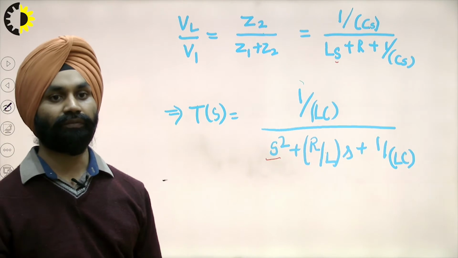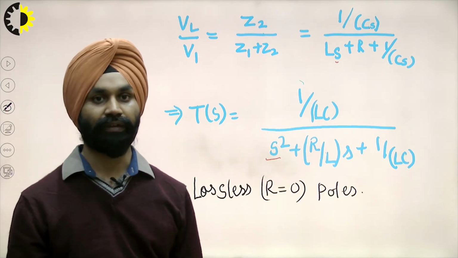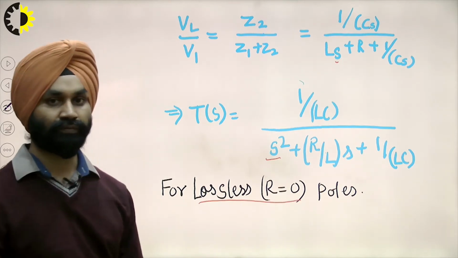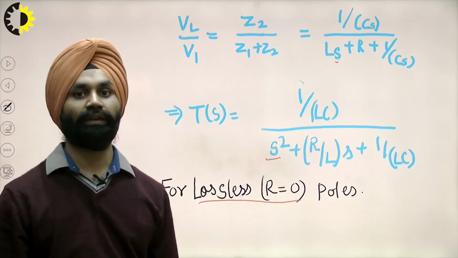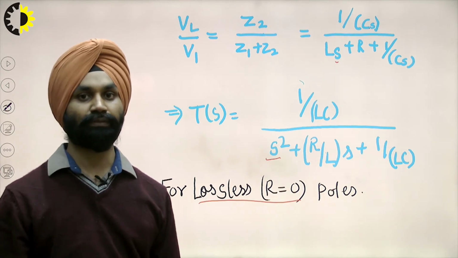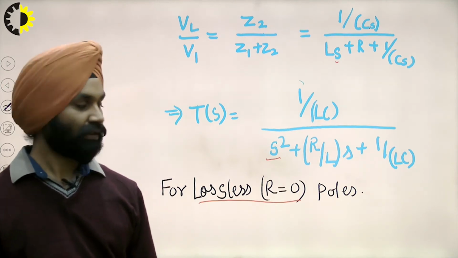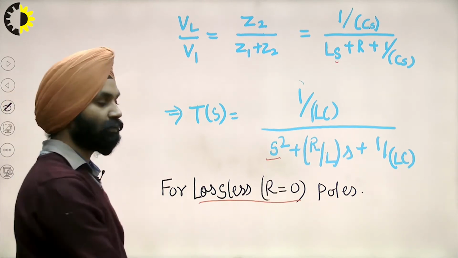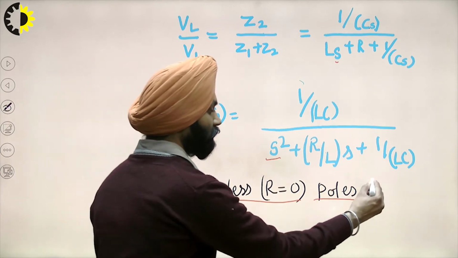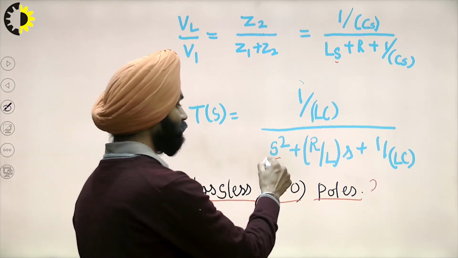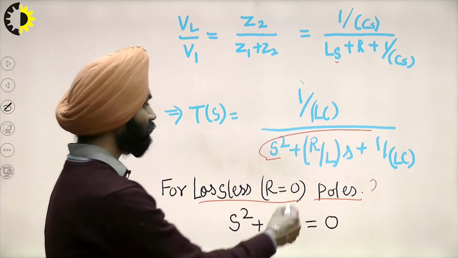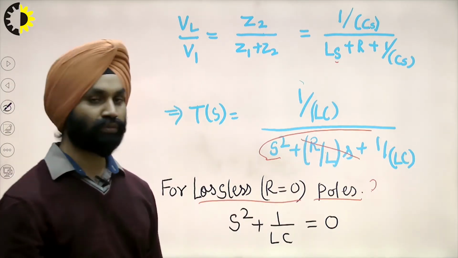Again, if we derive further with the condition that R is equal to 0, that means our filter is lossless. Let us suppose L is not lossless. If it is lossless, then R will be equal to 0. If we find the poles, the poles will be given by this whole term equal to 0, where the R term is cancelled out since R is equal to 0.